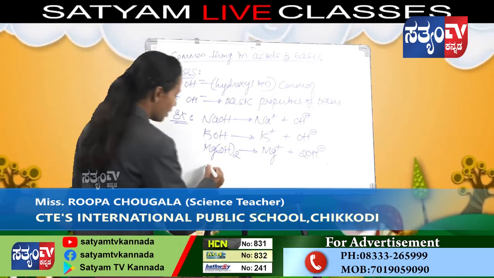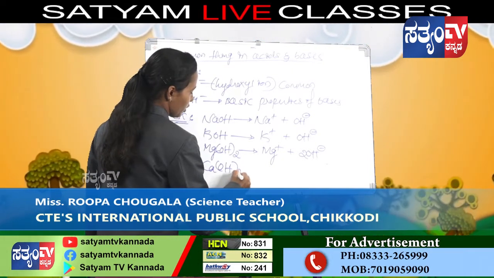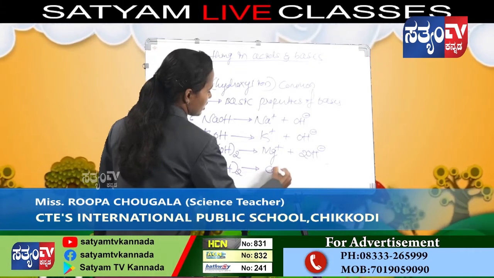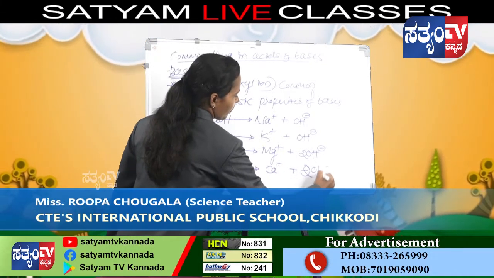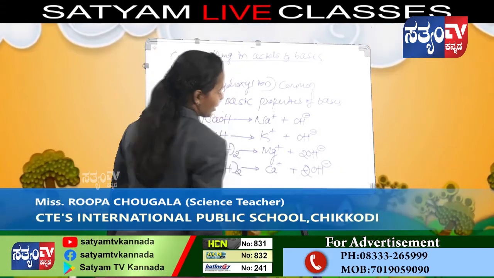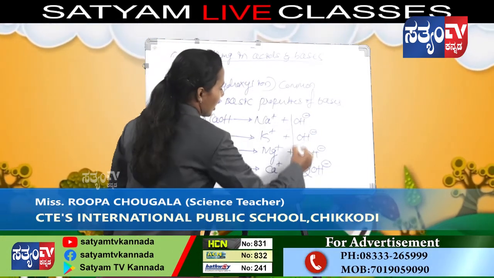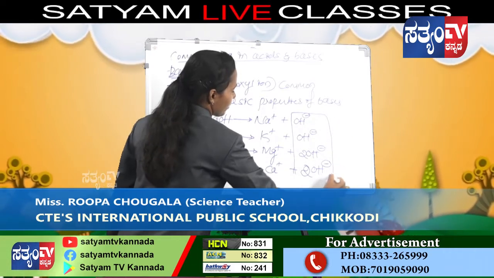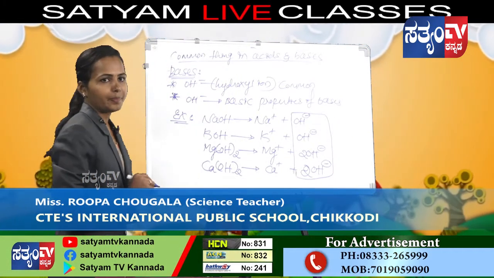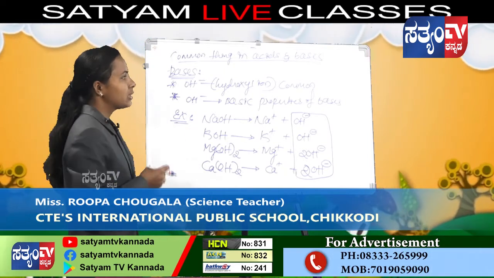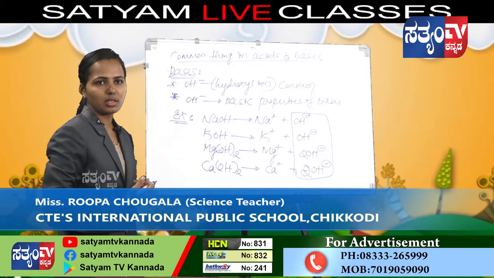The same with calcium hydroxide, Ca(OH)2, which gives Ca 2 plus and 2OH minus. All these bases have OH minus hydroxyl ion in common.